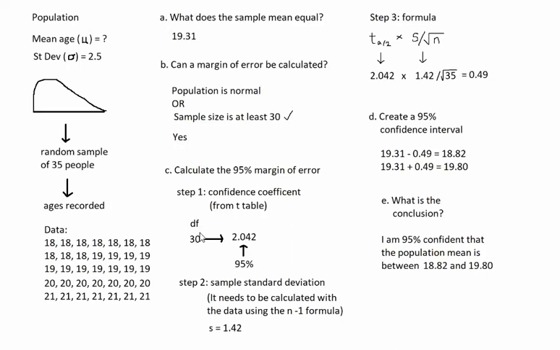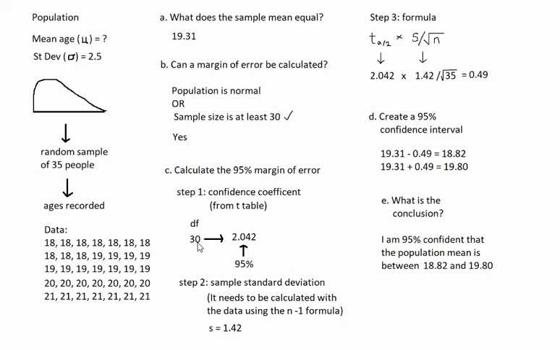And in this case, we have 35 people, so DF would be 34, which would mean we should be going to row 34. But row 34 isn't available, so we just go to the closest one, which happens to be 30. Just go to the closest one if your row isn't there.